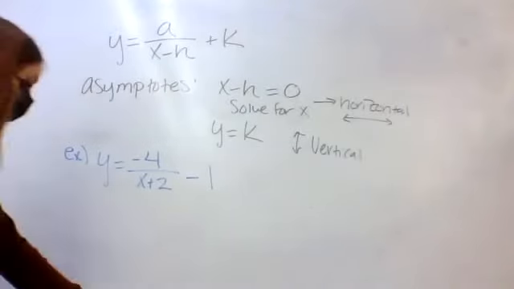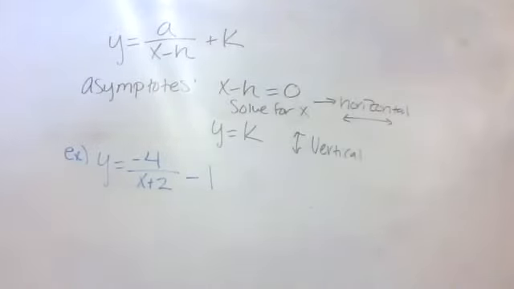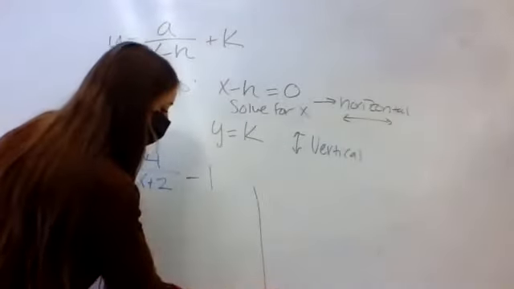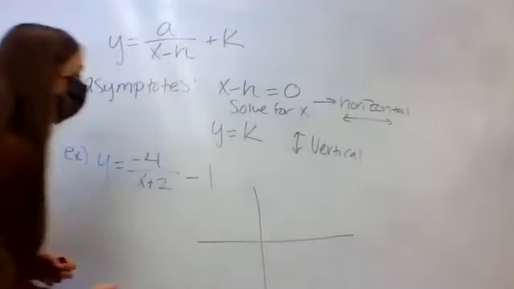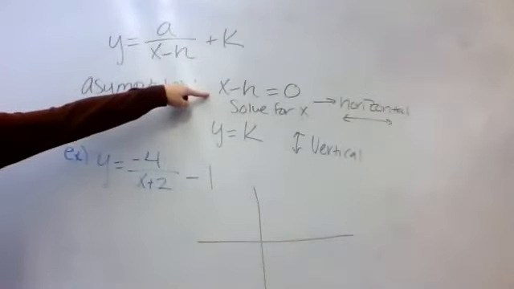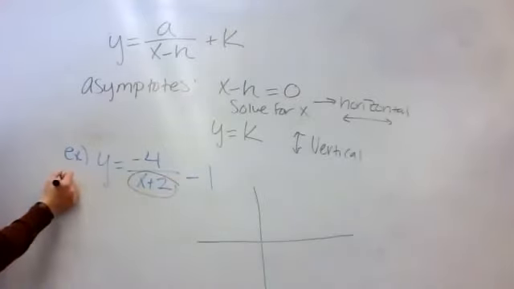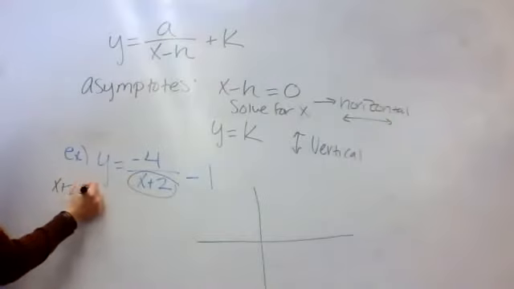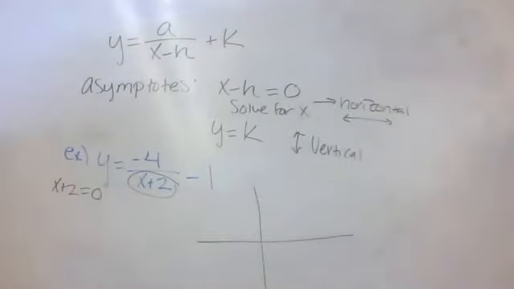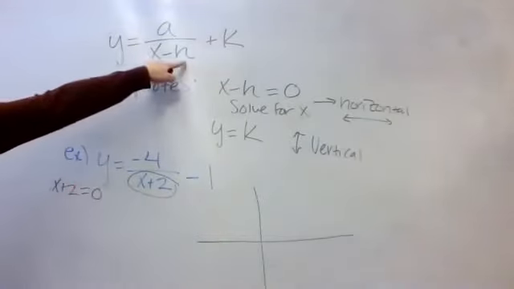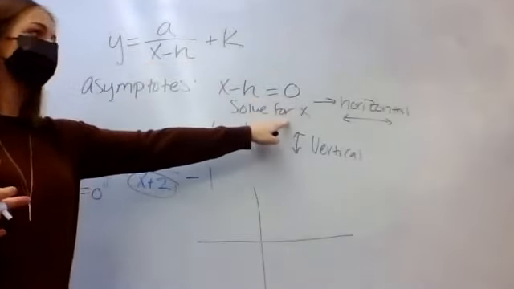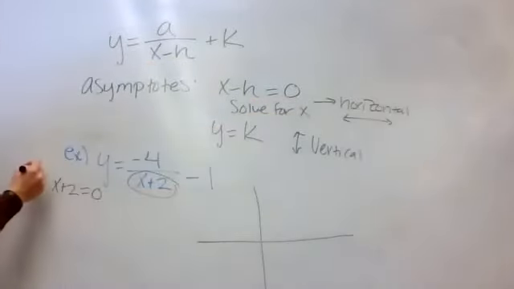Given this, the first thing you want to solve for is your asymptotes, because I have to know where those lovely dashed lines go. To find my horizontal, you take your denominator, x plus 2, equals 0. Again, take your denominator, set it equal to 0, and solve for x. I'm going to label this H right now, and that's my horizontal asymptote.